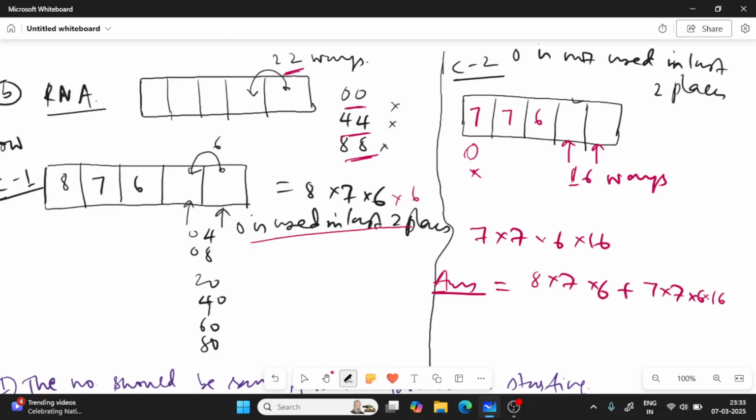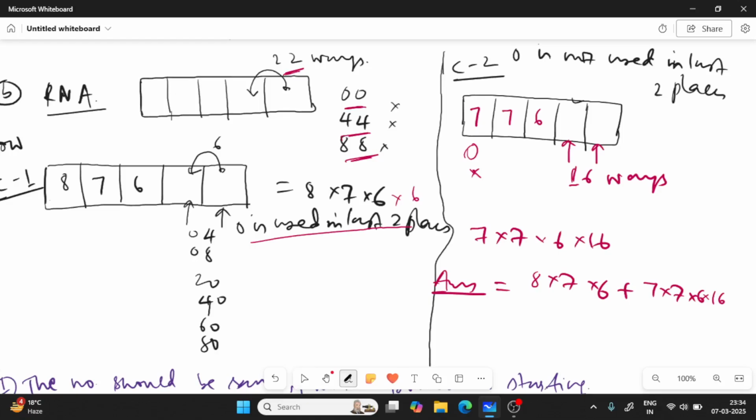Now, when 0 is not used in the last two places, since we have 22 ways, 0 has not been used in the last two places, so we are left with a total of 16 ways, because 22 minus these 6 ways is 16 ways.